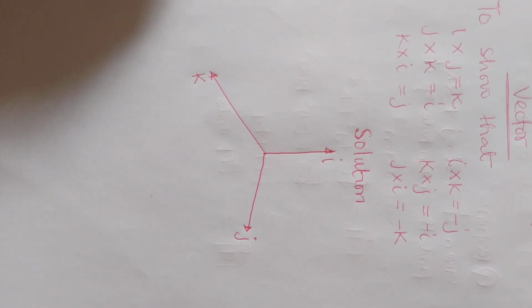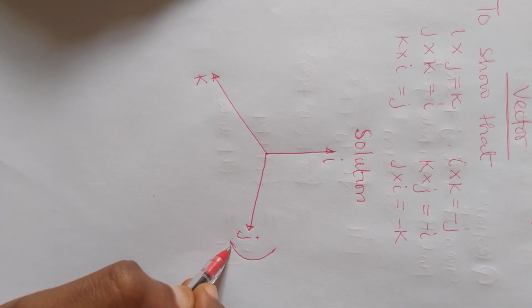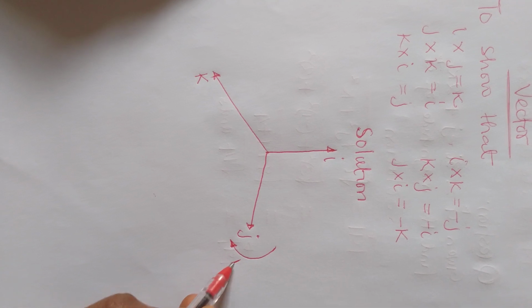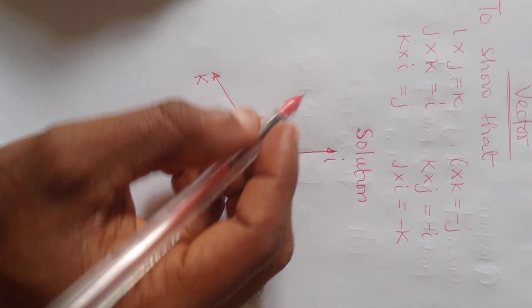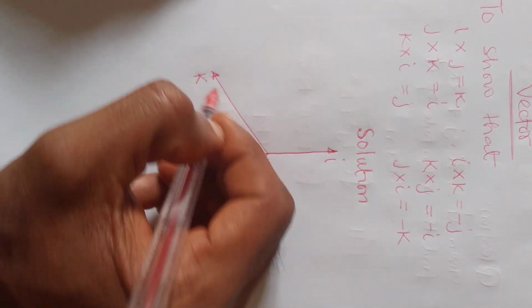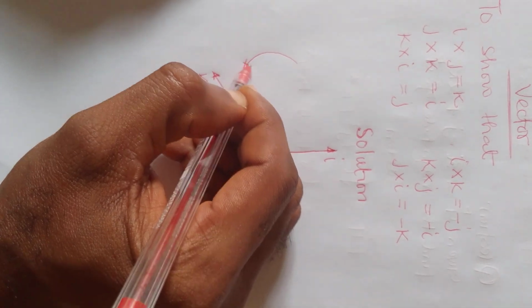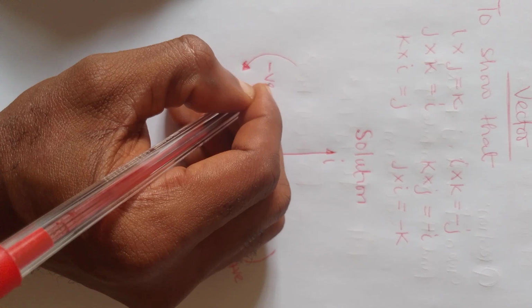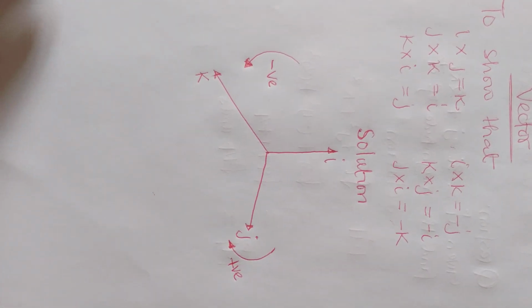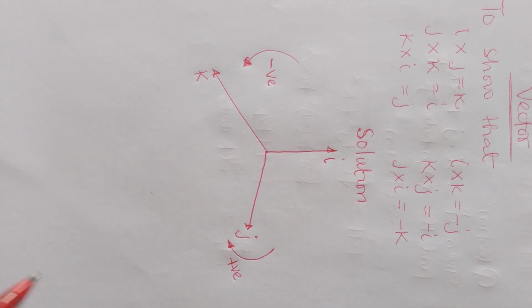Now let's say that if we are moving in this direction, it is clockwise and we'll take it to be positive. But if we are moving in this direction, it is anti-clockwise and we'll take it to be negative.